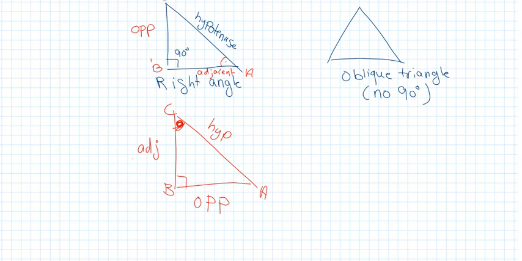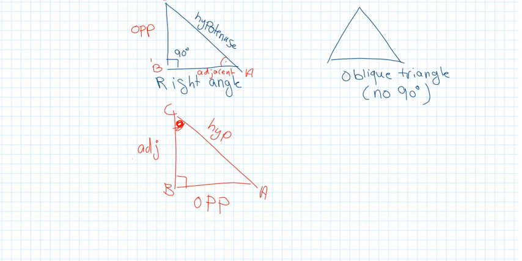Does that make sense? Naming the triangle is half of the battle. Okay? Understanding how to name your triangle properly can help you solve the triangle properly. Can help you choose the correct formula and find the correct answer. Does that make sense to you? Okay.